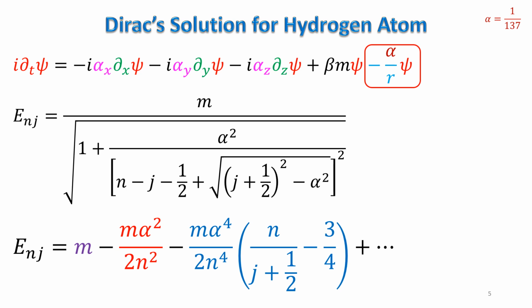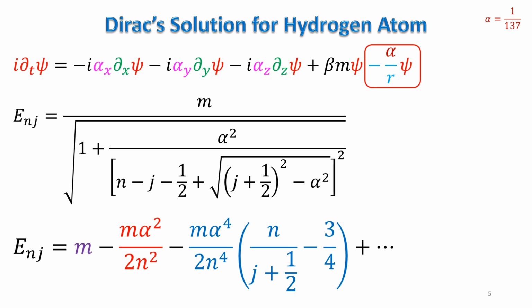In addition to the principal quantum number n, the energy explicitly depends on the angular momentum, that is, the total angular momentum j. It's helpful to expand this into a series of decreasing terms that you can see on your screen.